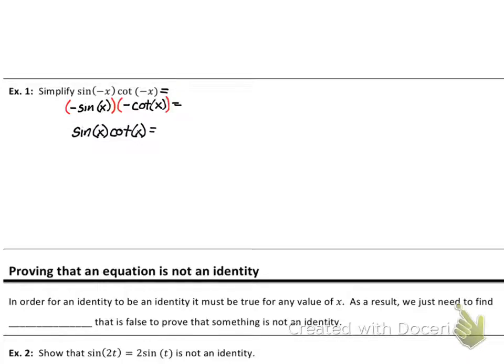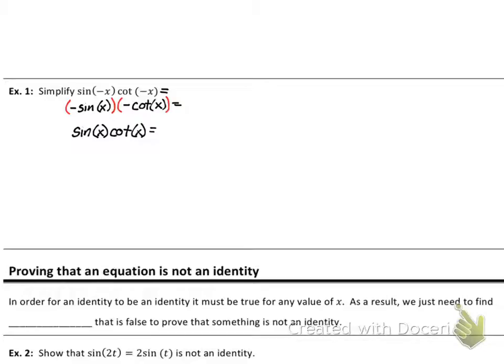Typically when I'm simplifying something, I'm going to look at my cotangents, my cosecants, and secants. I'm going to see if I can rewrite those in terms of the other ones. So is there any way to rewrite cotangent in terms that might relate to sine? We look at our identity sheets. Cosine over sine. Yeah, cosine over sine.